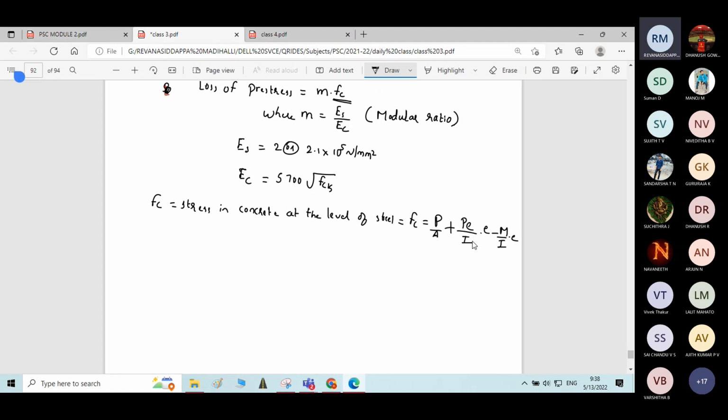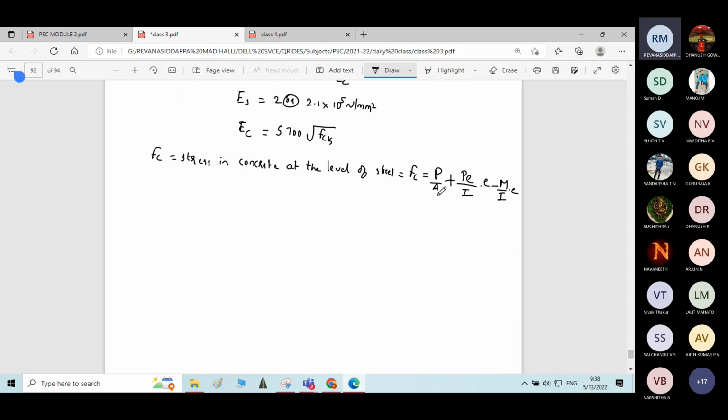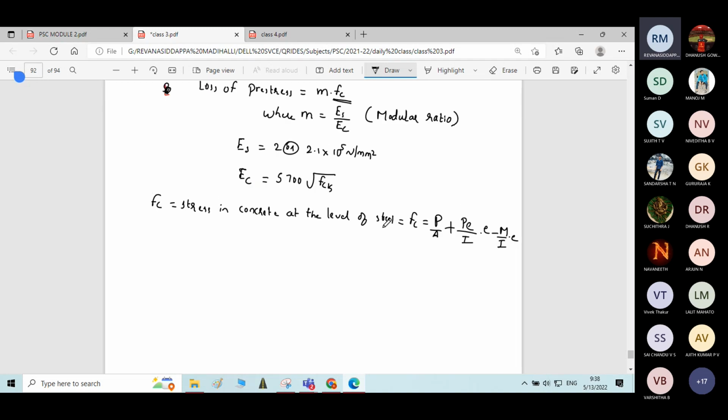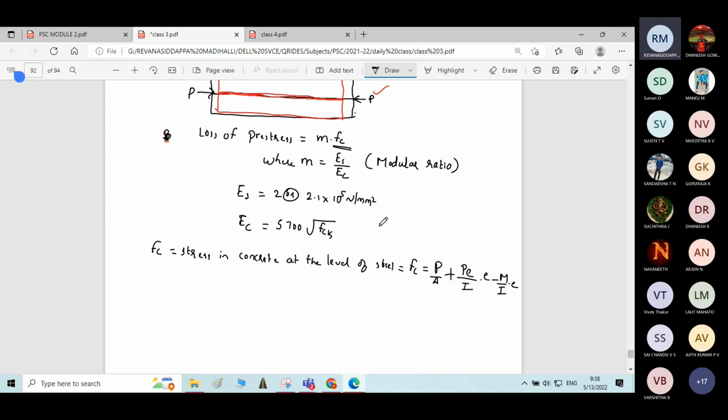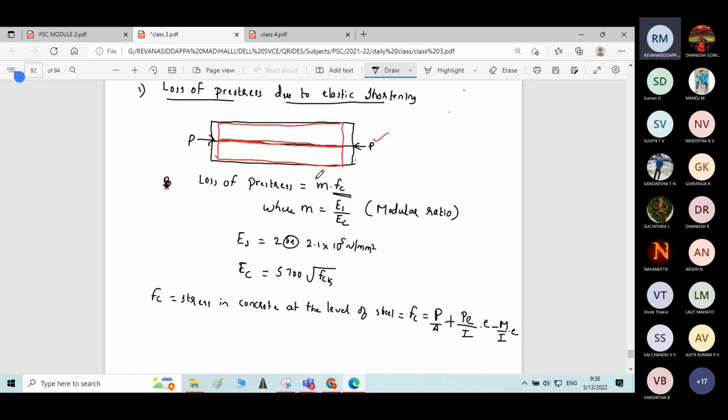The purpose of writing this formula in this way, I will tell you while solving one of the problems in future classes. Using this formula, we will calculate stress in the concrete at the level of the steel. Knowing modular ratio and fc, you can calculate loss of pre-stress due to elastic shortening.